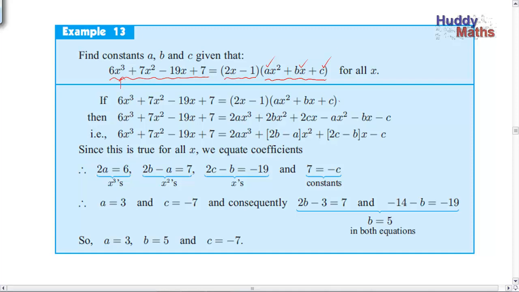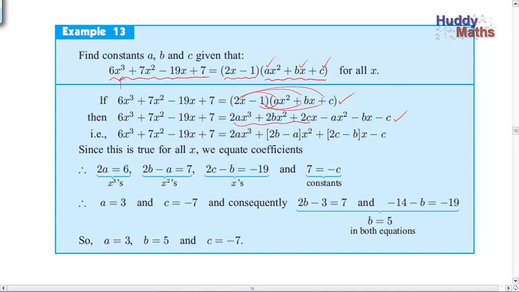So if these two are equal, then expanding this side, doing all this work here, and then that by that, we did this earlier, this idea in part 1, doing the basic expansions of factors to produce a polynomial. And so we've got that. Now we've got to collect up the terms.